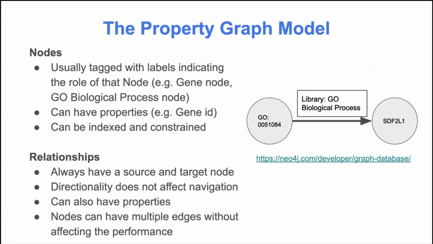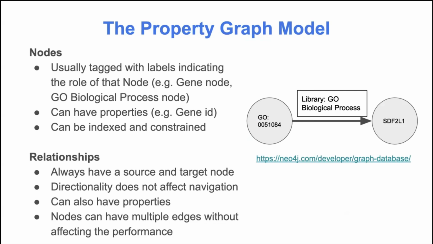So here's the property graph model. Here we have an example wherein GO:0005184 is associated with the gene SDF2L1 by a relationship, maybe from the library GO Biological Process. The basics of a graph is that it contains two things: nodes and relationships.